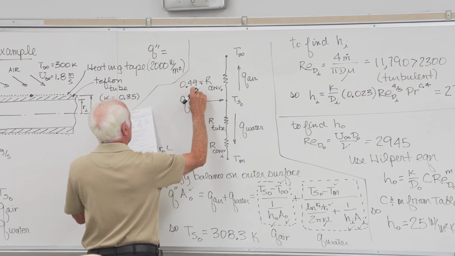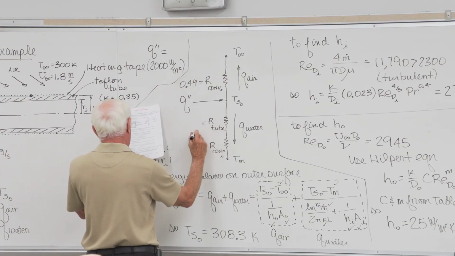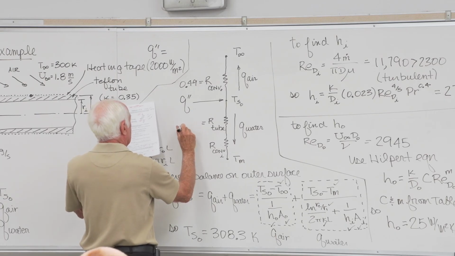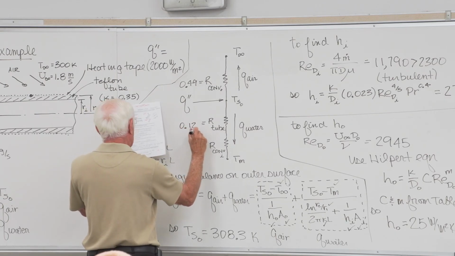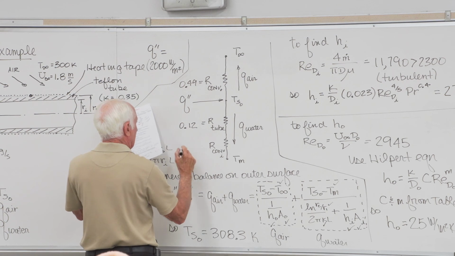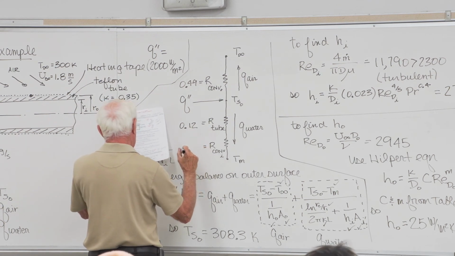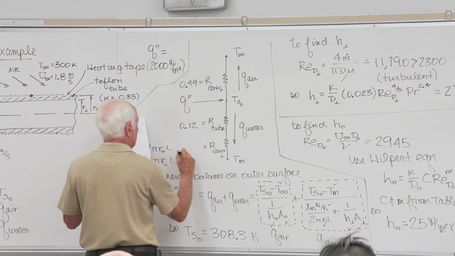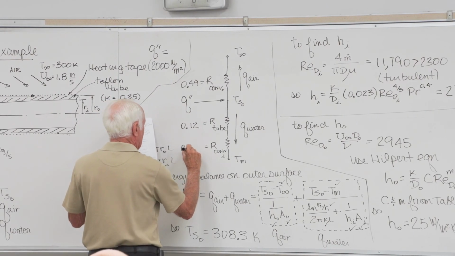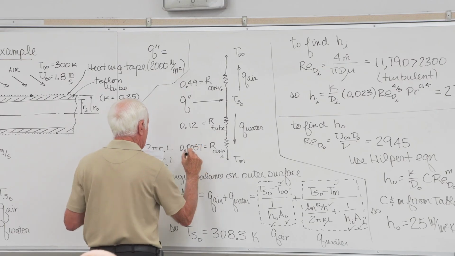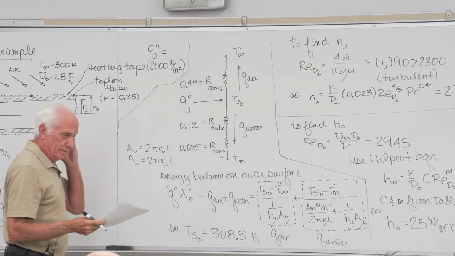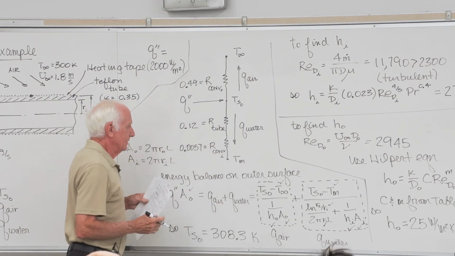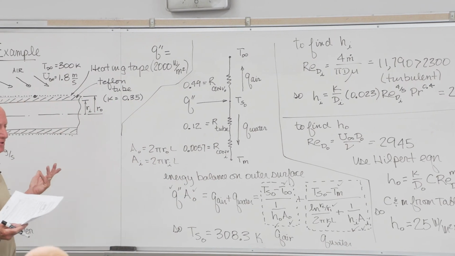The tube resistance is 0.12, and the inside resistance is 0.0057. That's the prime values, if you want to call it that. Because you don't know L, so it's the resistance per length.